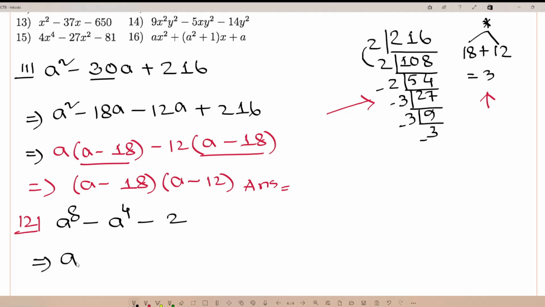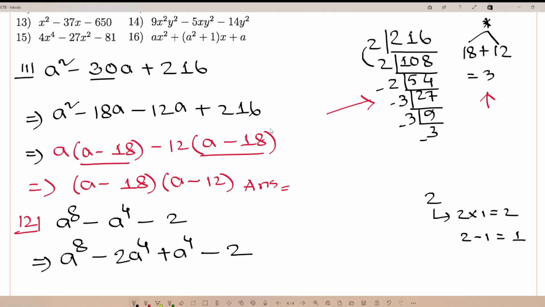So we can write this 2 as 2 times 1 is 2 and 2 minus 1 is 1. So in this case we can write minus 2a to the power 4 plus a to the power 4. So 2 minus 1 becomes 1 and here is minus 2, right?